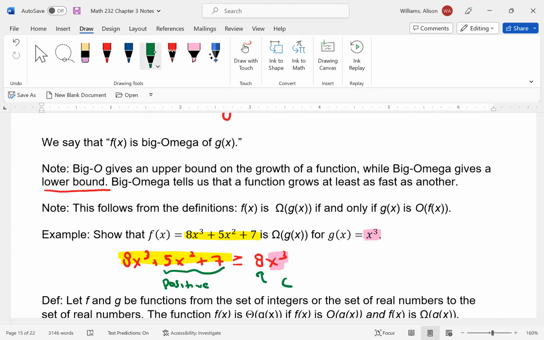So this is true for all positive numbers. It's actually true for everything. But the minute we get bigger than 0, it's good. So you could just say that x is bigger than 0, and that is k. There's k. So there we have c, there we have k, and we're done. It's big omega.